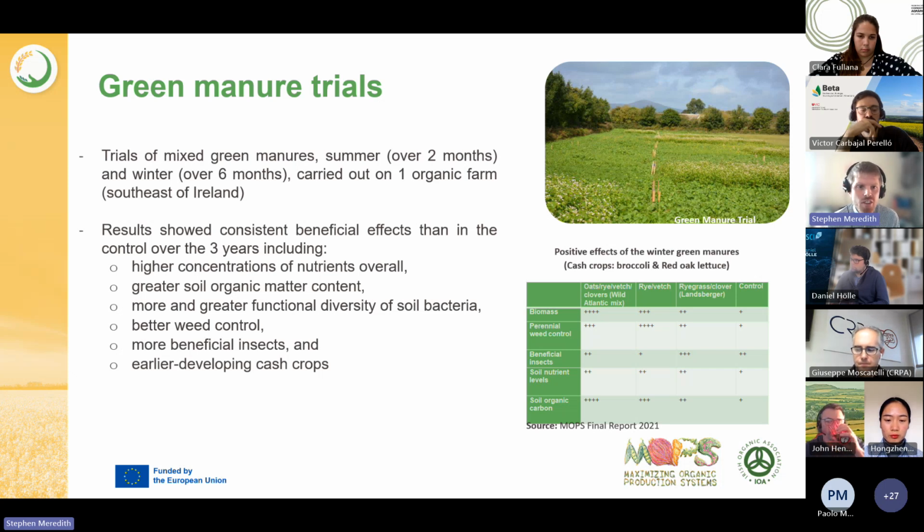You can see there on the slide, we have an example of the winter green manure trials, just looking at some of the positive benefits for the broccoli and red oak cash crops.